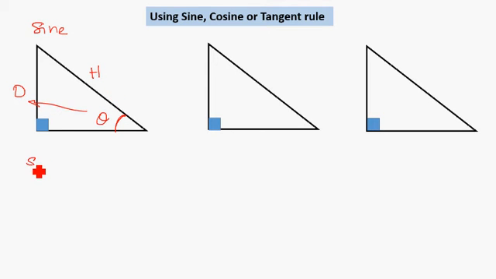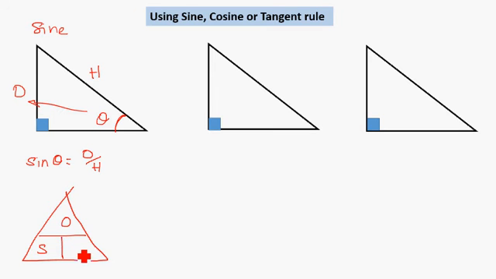The formula we could use is sine angle is opposite over hypotenuse, or you could use the triangle going clockwise: sine angle, opposite and hypotenuse.